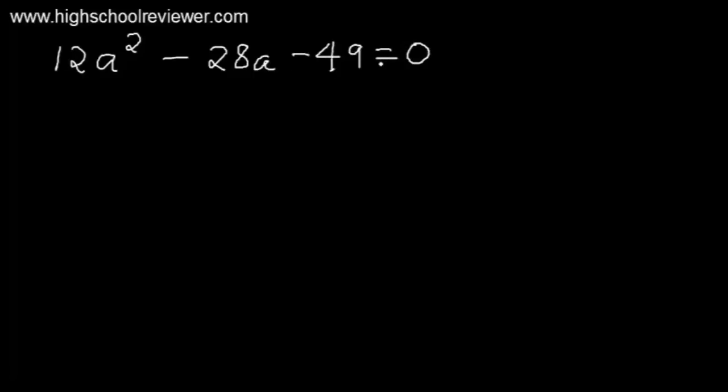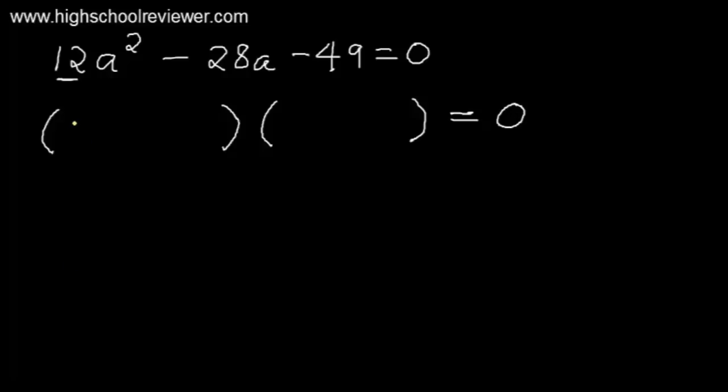So to solve this quadratic equation using factoring, since our first term here has a numerical coefficient before a squared, we are going to first base our factoring on the first term. So there will be 2 sets of factors, and this is equal to 0. So the factor of 12a squared, okay, so let us use the factors.